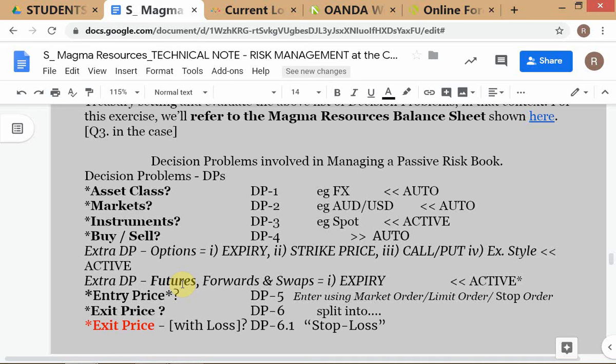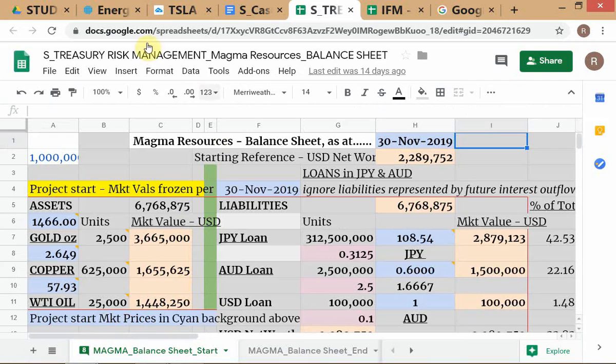Depending on the instrument that you're using, which is a separate decision problem, in the case of futures, leaving aside the other instruments, there's an additional decision problem with respect to expiry, because what is the expiry of the futures contract? As you know, futures contracts have multiple expiration dates.